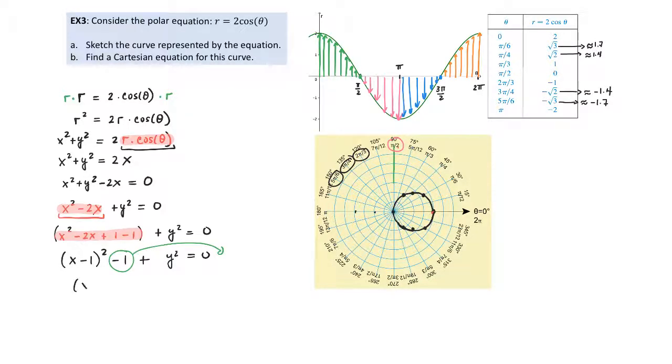So that's going to give us x minus 1 squared plus y squared equals 1. And here it is. This is right now the equation of the circle. If you notice nicely, this is an equation with center 1, 0 and radius 1.